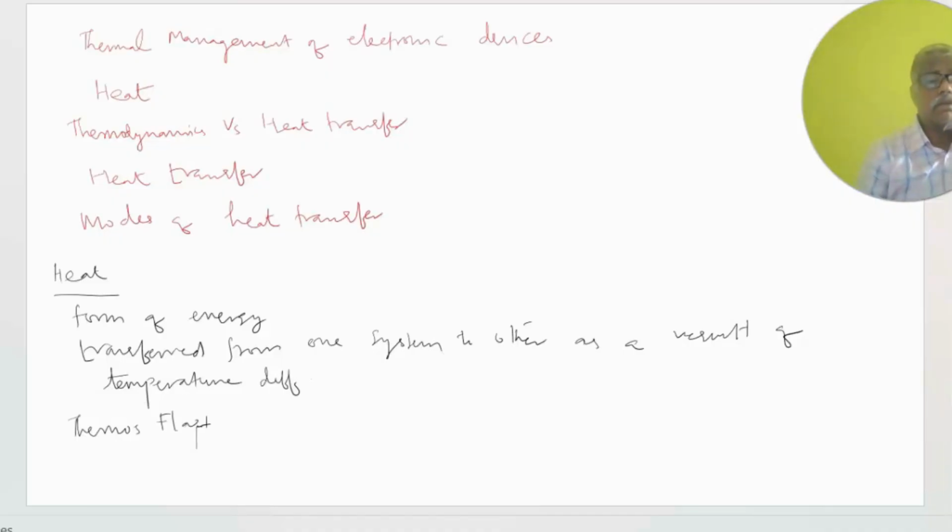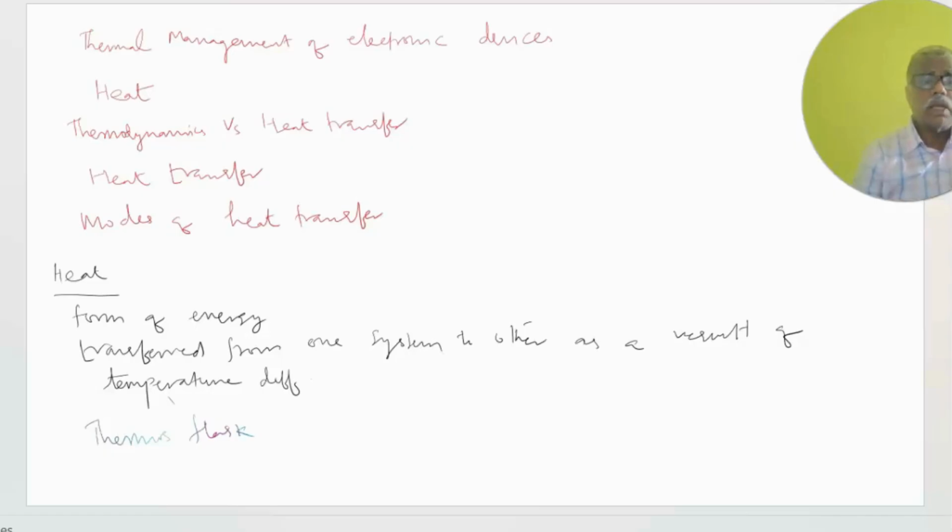So let's take an example of a thermos flask. We know it is used for keeping things hot or cool. So assume that coffee is kept inside the thermos flask at 90 degrees C.